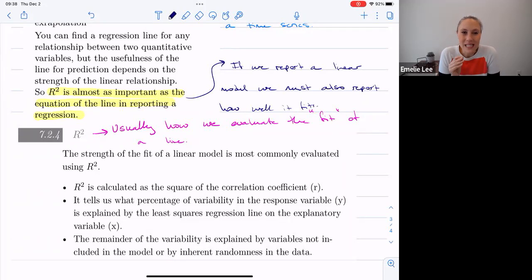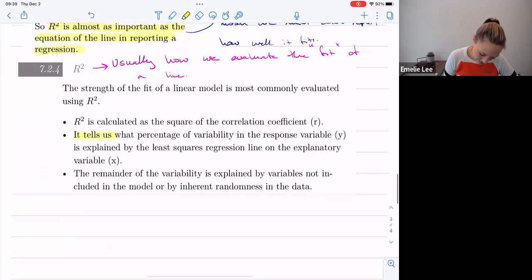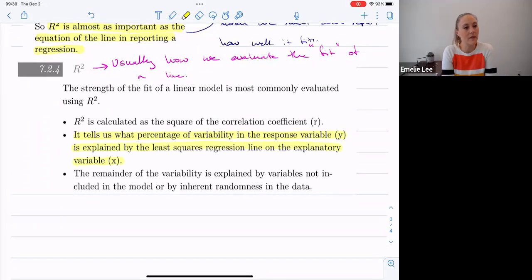And what we need is to know what the R squared is. R squared tells us what percentage of variability in Y is explained by the least squares regression line on the explanatory variable, which is your X. That's a long blurb and you should memorize it.